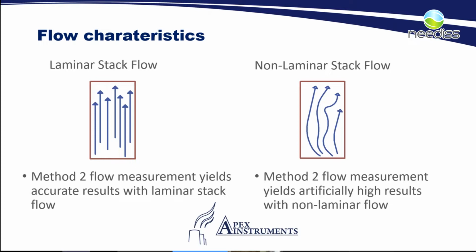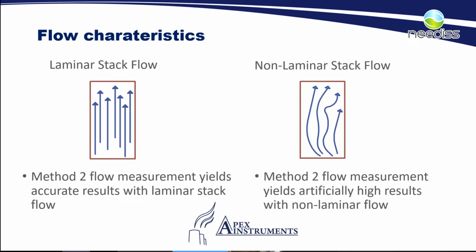So laminar flow in a stack is where method 2 would be appropriate and yields accurate results, when the flow is flowing directly up from all points across the stack, regardless of where you take your measurement.